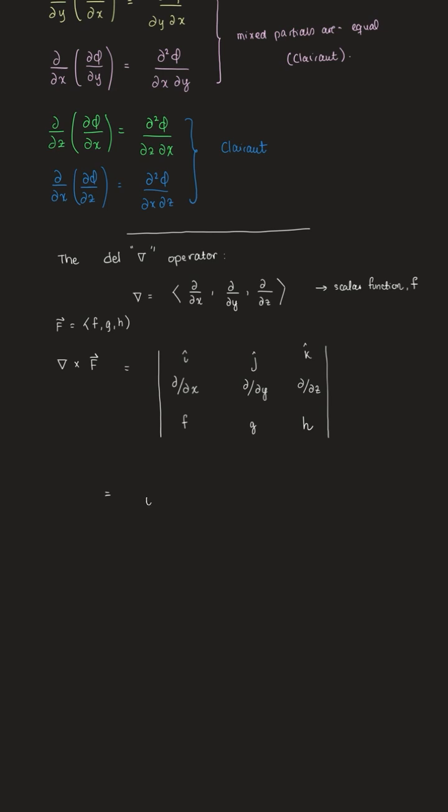Well, we're going to have our component i, and we're going to do the partial derivative of the third component h with respect to y. So that's going to be dh dy minus the partial of g with respect to z.